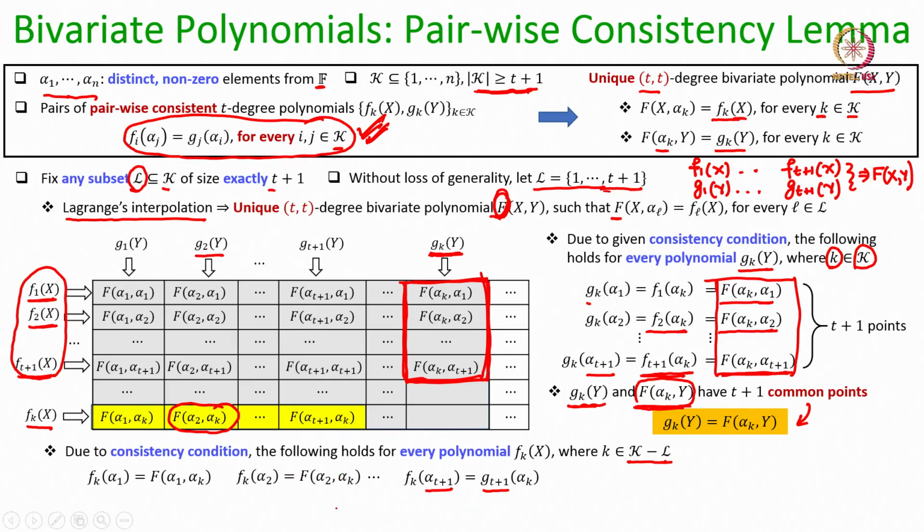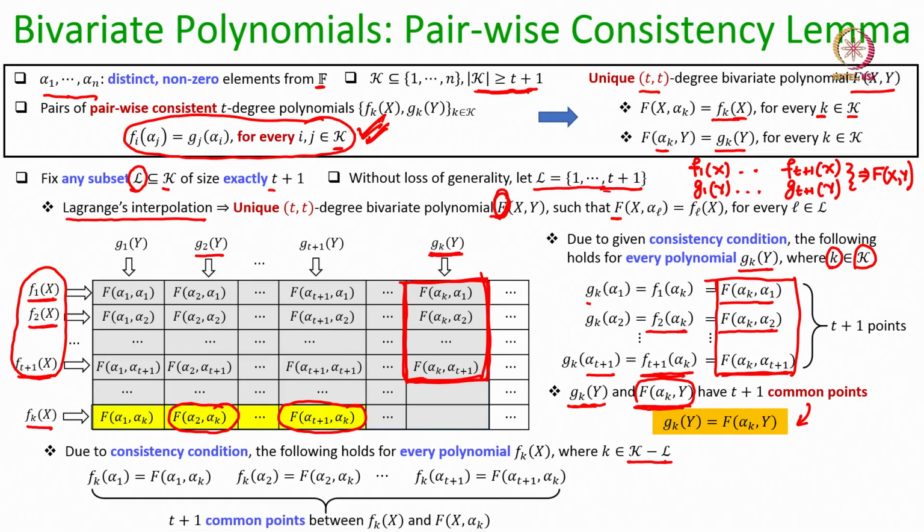And in the same way, if I take the t plus 1th y univariate polynomial and evaluate it at alpha k, then that will give me this highlighted point. Now I can rewrite this equality as this.